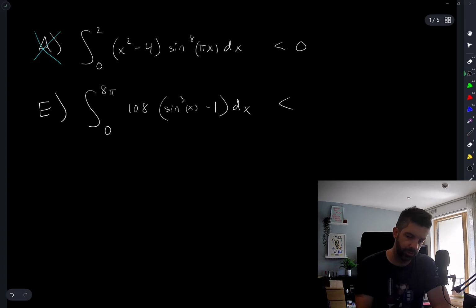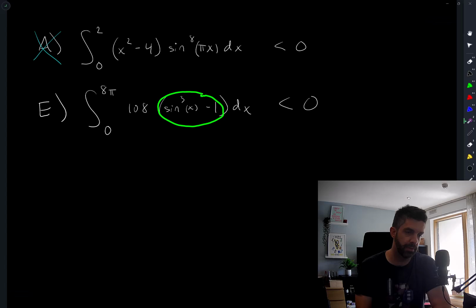And this is also going to be less than 0, right? Sine x is between negative 1 and 1. So sine cubed is also going to be between negative 1 and 1. So if we subtract 1 from that, this thing is going to be between negative 2 and 0. So this whole thing is going to be less than 0. So that's not going to be the answer.